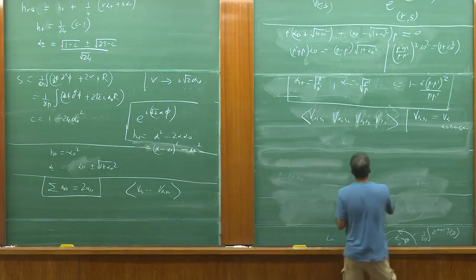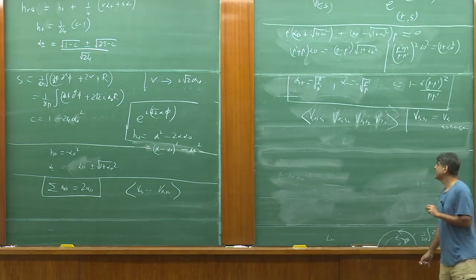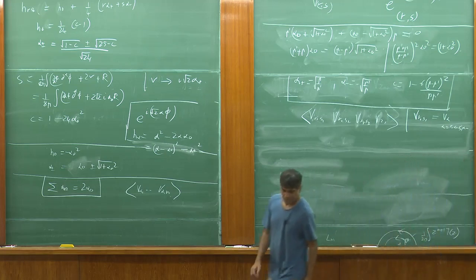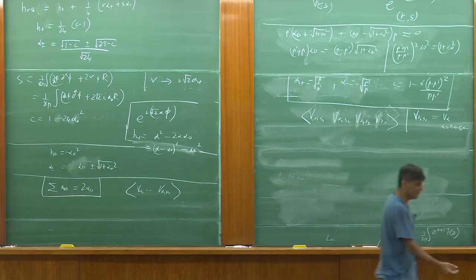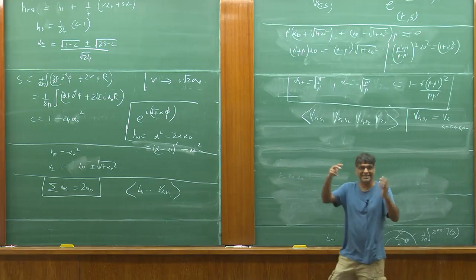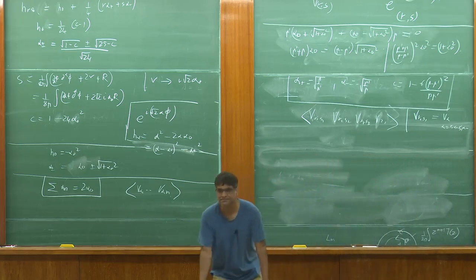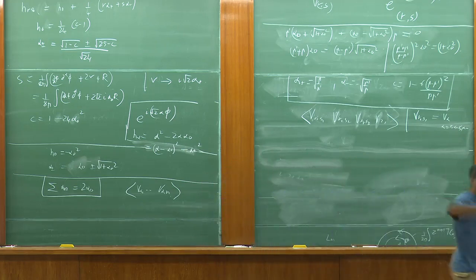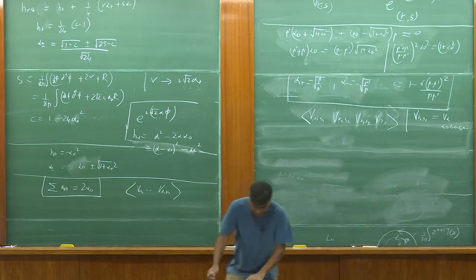What I want to do is to work in a situation where I can get away with having just one of these q plus q minus operators. The point of this discussion is to illustrate the role of these q plus q minuses, the contours and all of that. So, we can do that if we do the following.